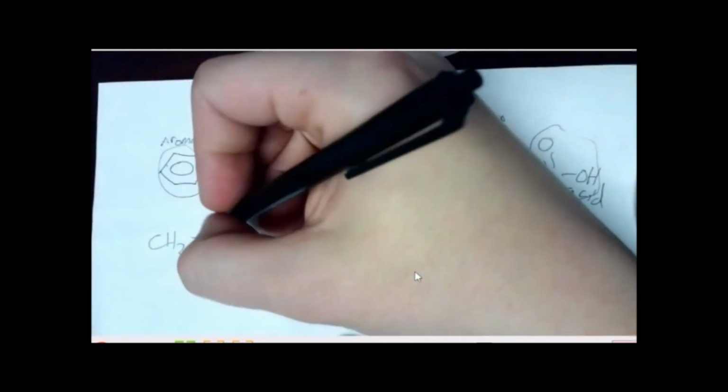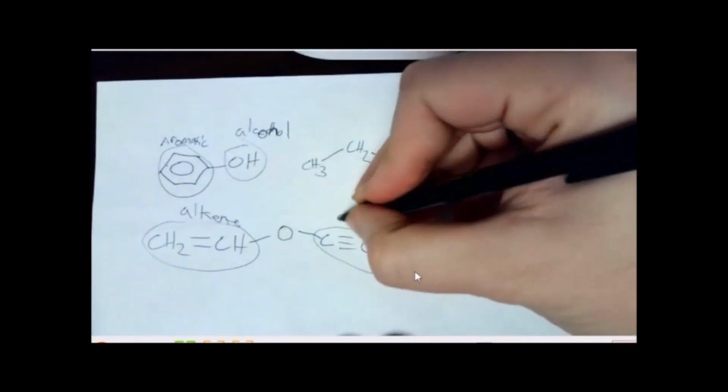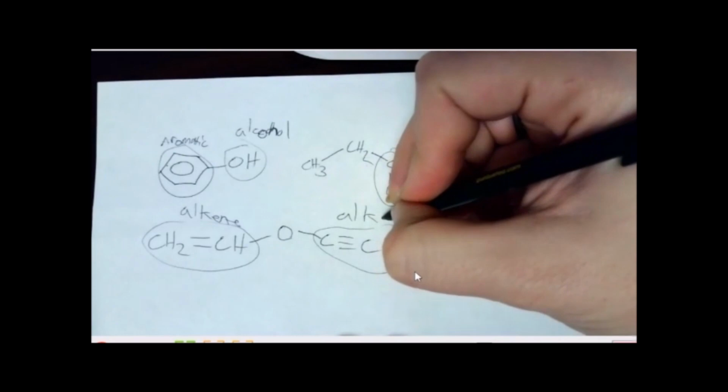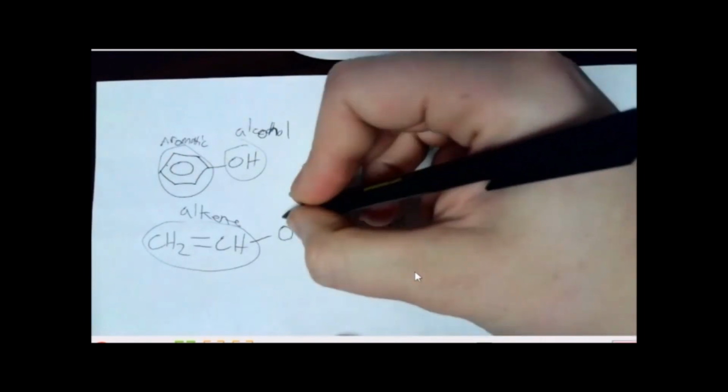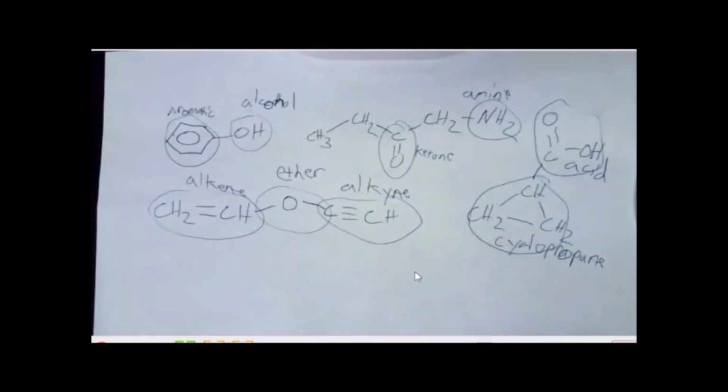In here we have an alkene, we have an alkyne connected by an ether. All these are some of our functional groups.